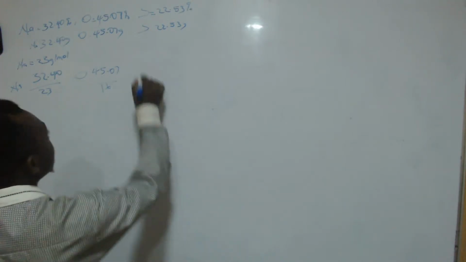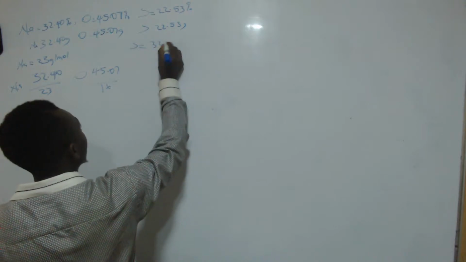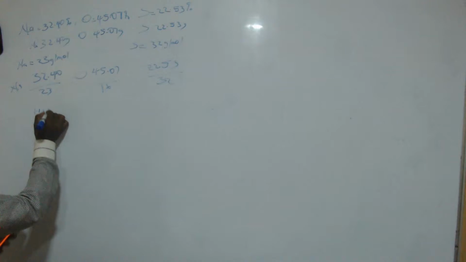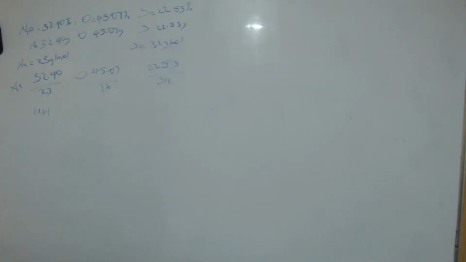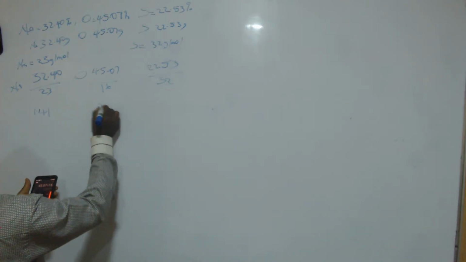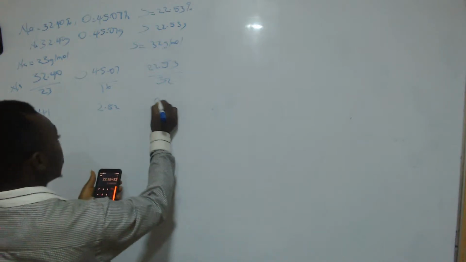And your sulfur has a molar mass of 32 grams per mole, so we're dividing 22.53 by 32. Sodium gives 1.41, oxygen gives 2.82, and sulfur gives 0.70.